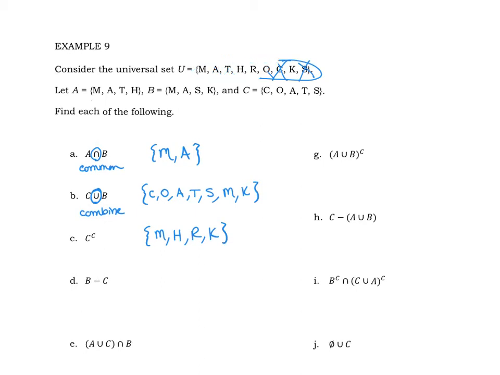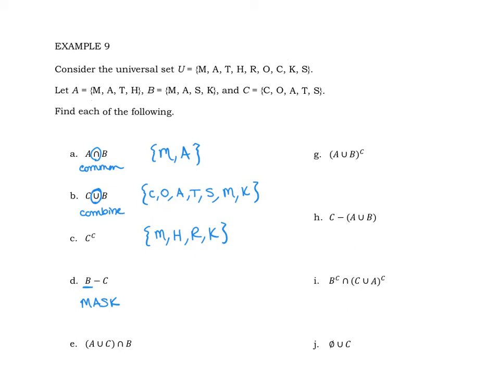All right, erase my work here again. And then question D is set B, take away set C. So we start with set B, which remember is M-A-S-K, and we remove anything in set C. So set C contains the element C. I can't remove that because I only have M-A-S-K.